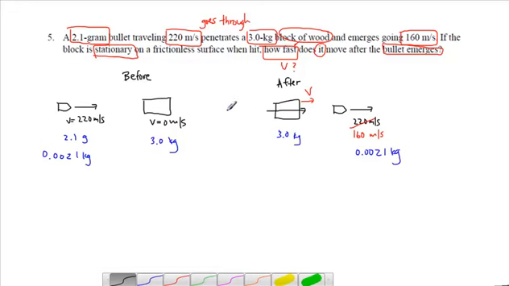So all of the momentum before has to equal the momentum afterwards: m1 v1 plus m2 v2 has to equal all of this. Afterwards, since the bullet goes through, the masses do not combine, so I'm going to put m2 v2 over here plus m1 v1.